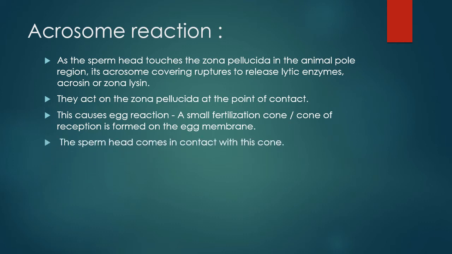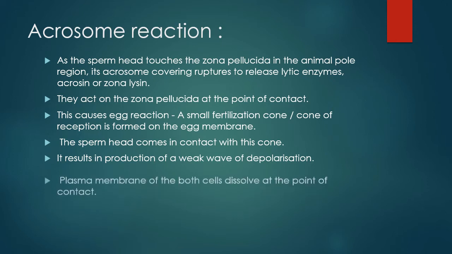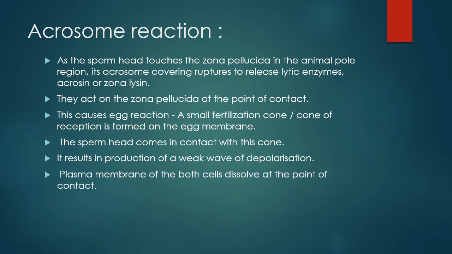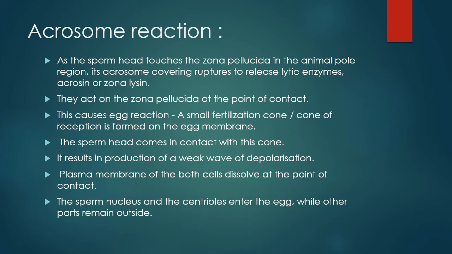The sperm head comes in contact with this cone. It results in production of a weak wave of depolarization. Plasma membrane of both cells dissolves at the point of contact. The sperm nucleus and the centrioles enter the egg while other parts remain outside.